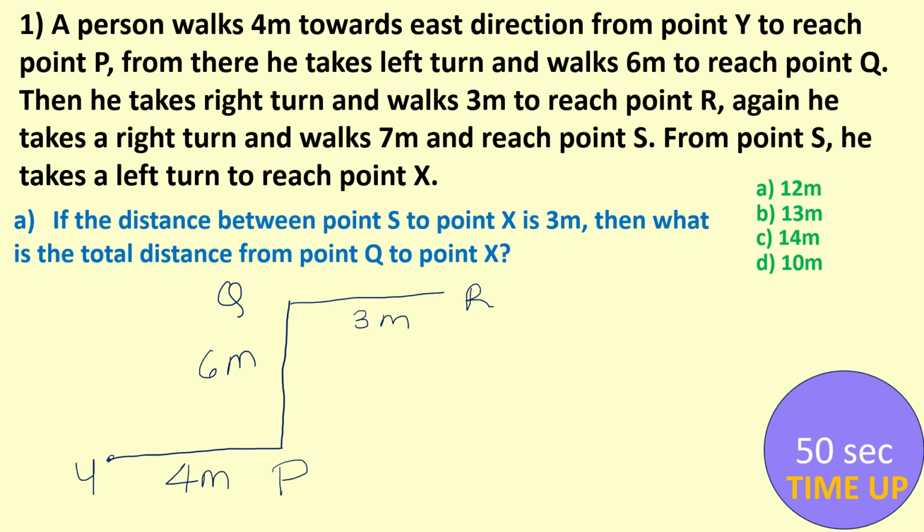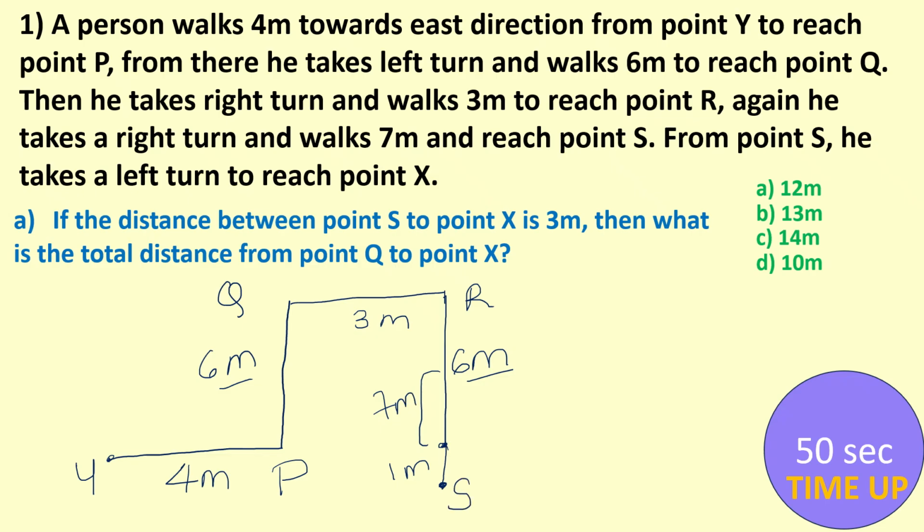So this should be the same. Since this is 6 meters, this will also be 6 meters, but we want 7 meters. So 1 meter extra. So this total will be 7 meters to reach point S.